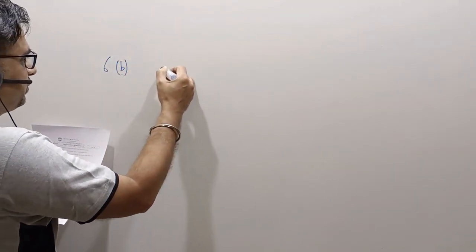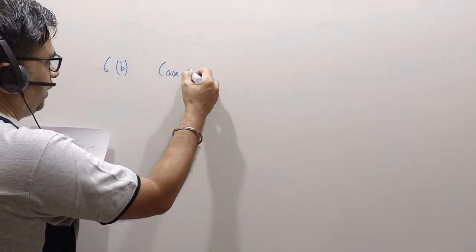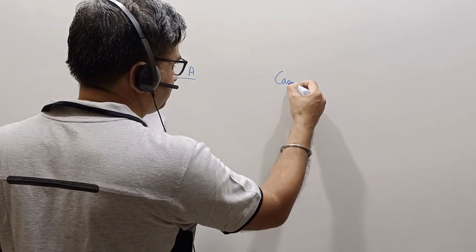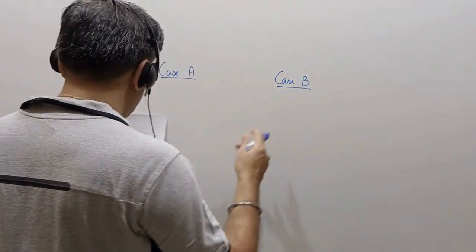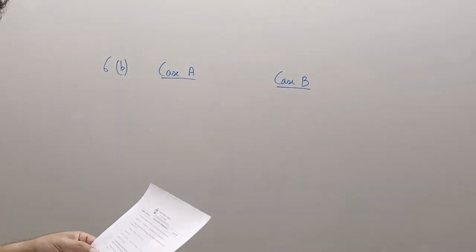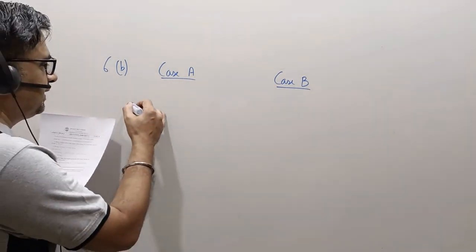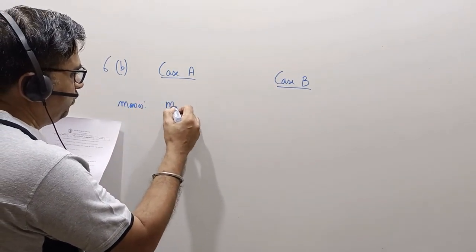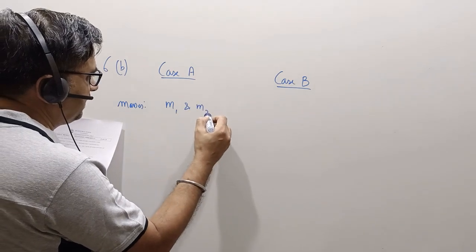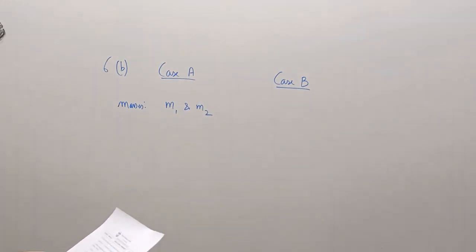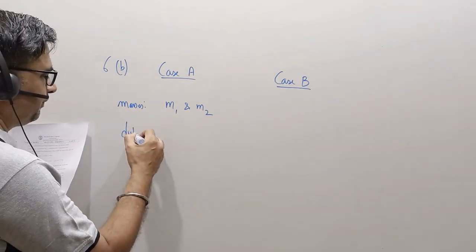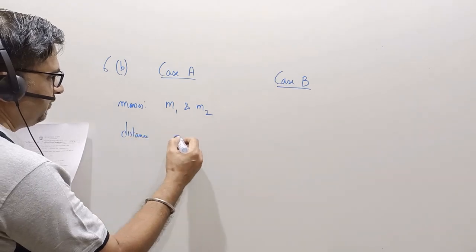In 6b, this is case A, and this is case B. In case A, the masses are m1 and m2, the masses of the two bodies, and the distance between them is given as d.